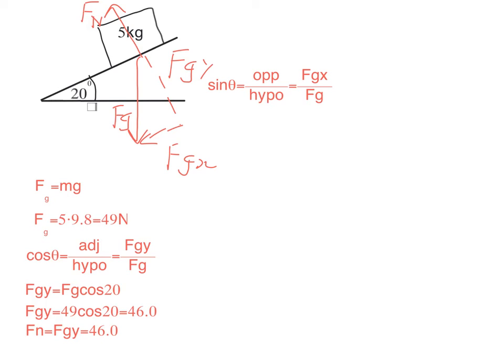We want sine of the angle is equal to opposite over hypotenuse, which is then equal to, in this case, FGX divided by FG.